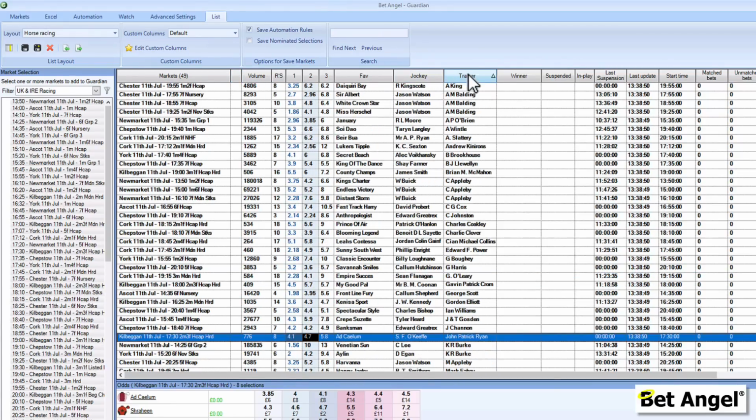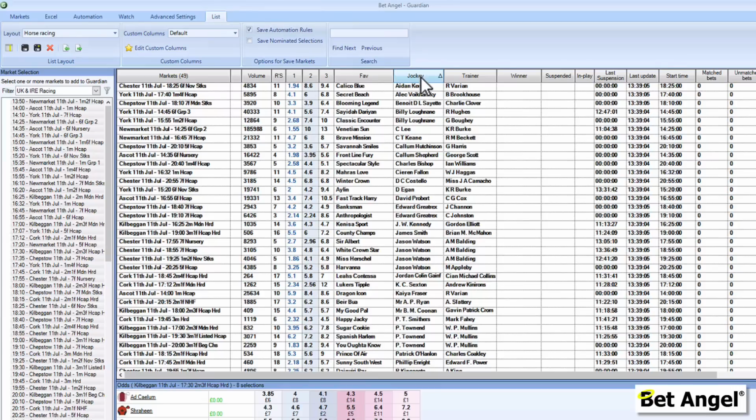But also you can see we've got jockey and trainers here as well. So you can see Andrew Balding has a number of runners at Chester. That could lead to a little bit of a gamble developing there if some of the early runners win. So you can see he's basically got the favourites at those, and that's why we're interested. But we can also look at the jockey and see if they've got any favourites lined up as well.